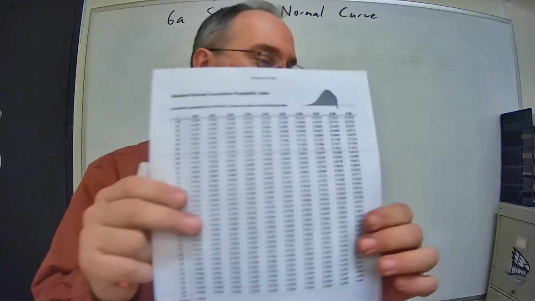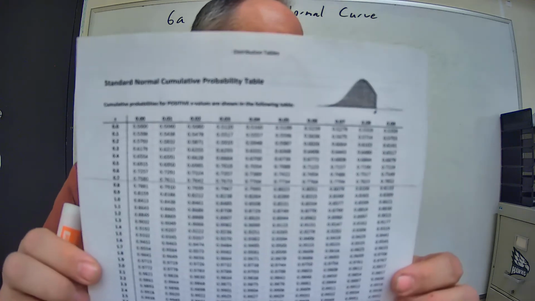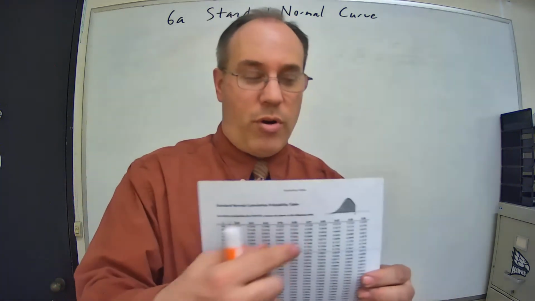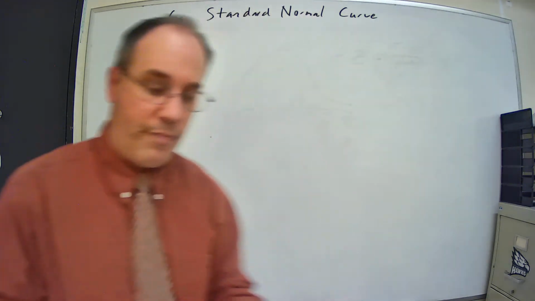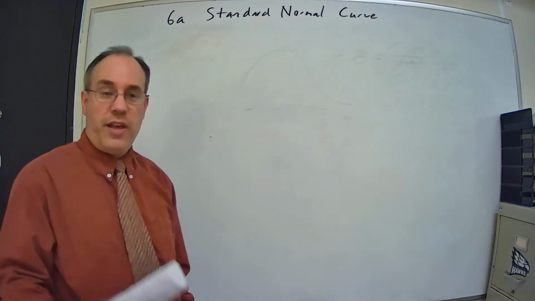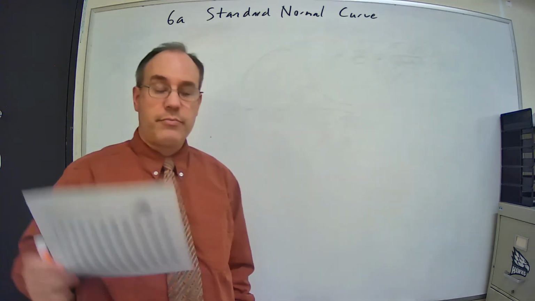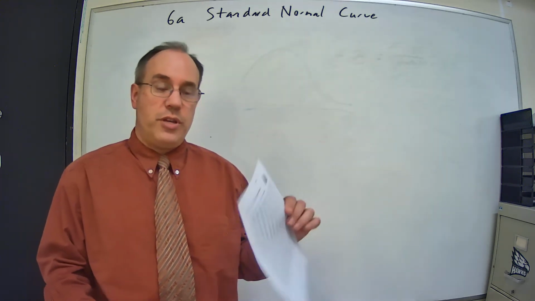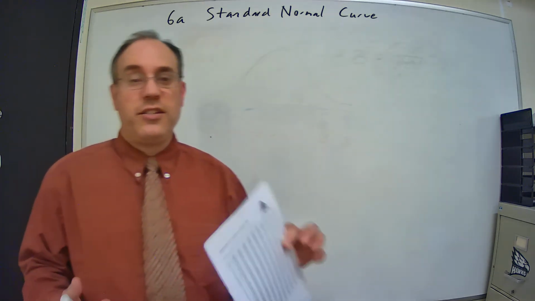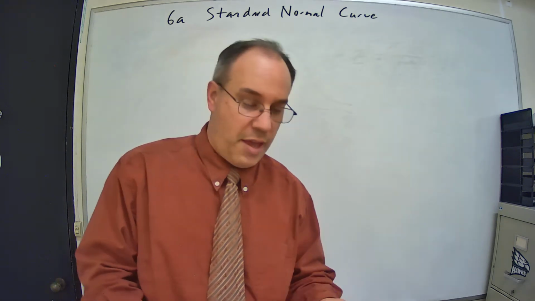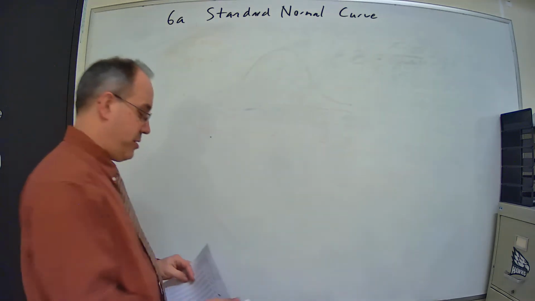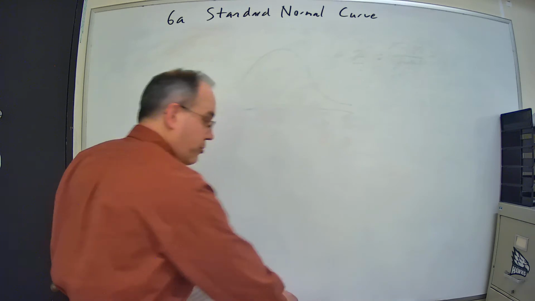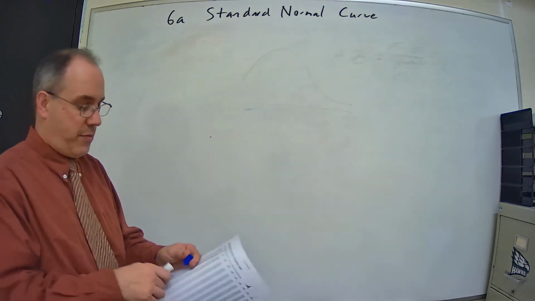If I swap to the back of the table, we see that it continues on, but now we have more of that area colored in. Now this table is available in Blackboard as one that you can use. You are expected to use this and you need to know how to use it. Okay? And what I'm going to show here is the basics of how to use a table like this.